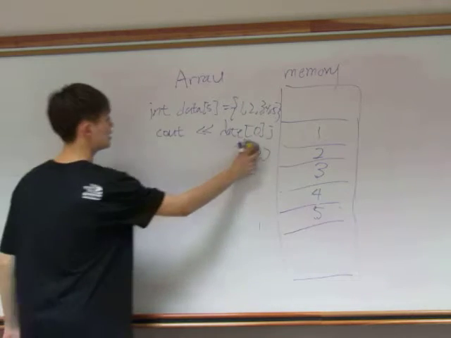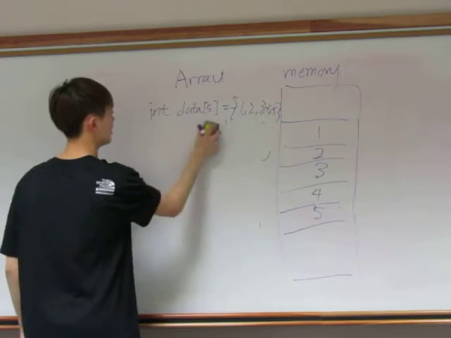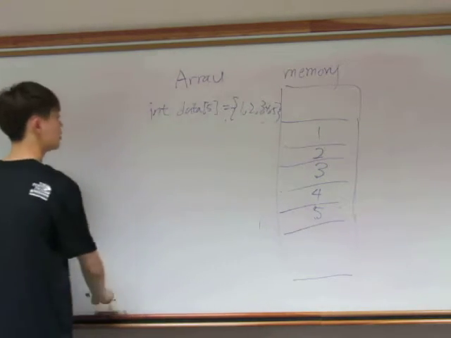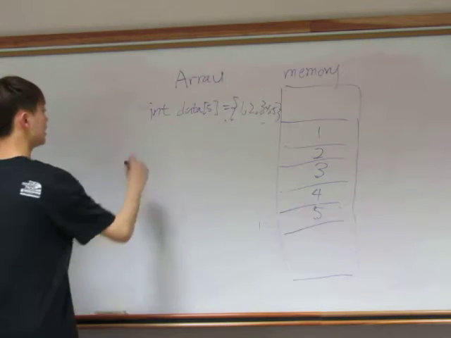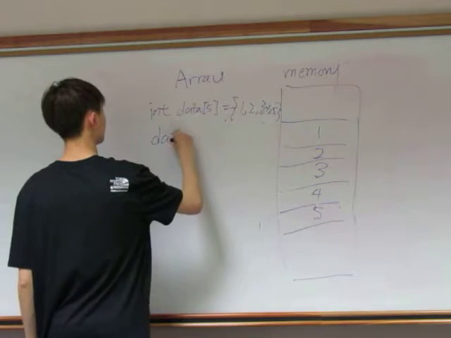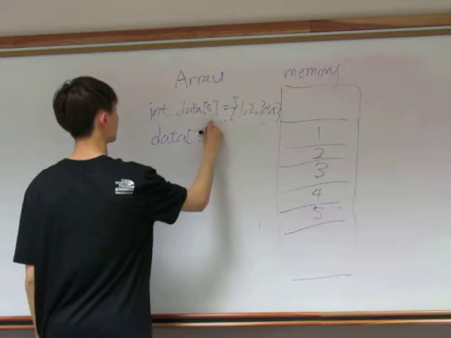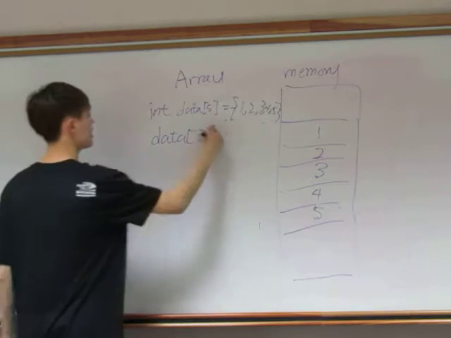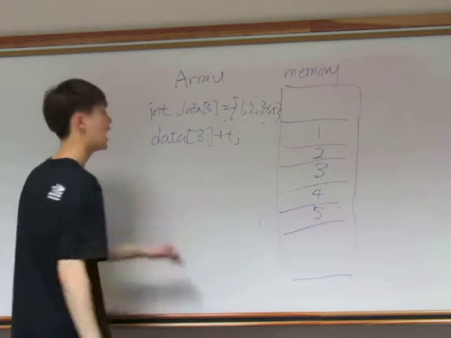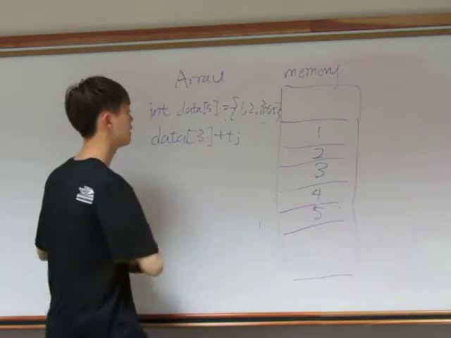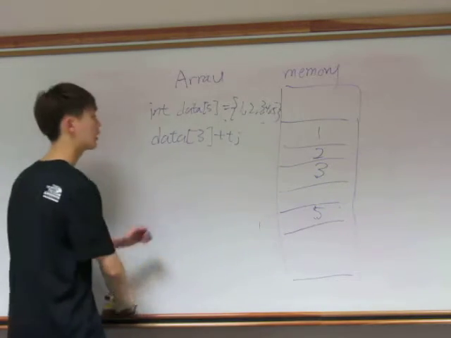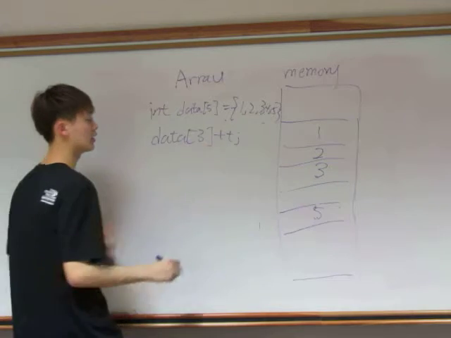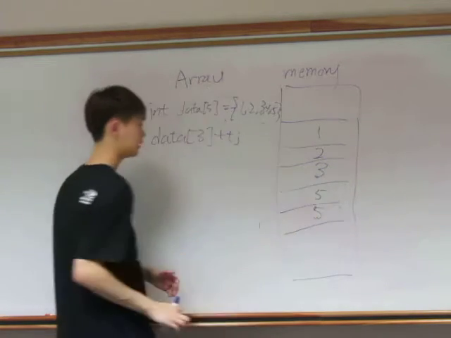You also can do post-increment for the individual data. If you do data[3]++, that element would be incremented by 1. So the fourth element would be 5 here.